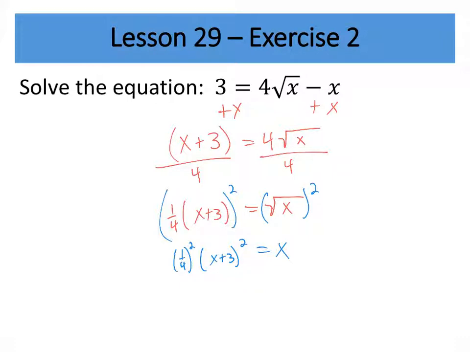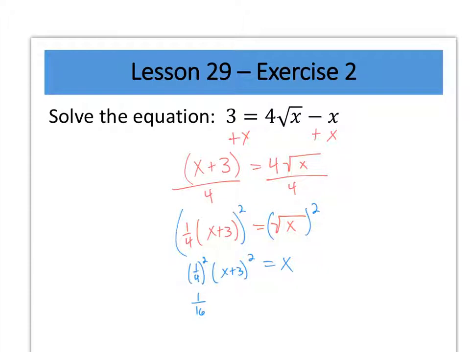All right, so I got 1/16, or excuse me, let me diverge for a second. Let's do 1/4, so it's 1 squared over 4 squared times x plus 3 times x plus 3 equals x. So that's 1/16 times x squared plus 6x plus 9 equals x.